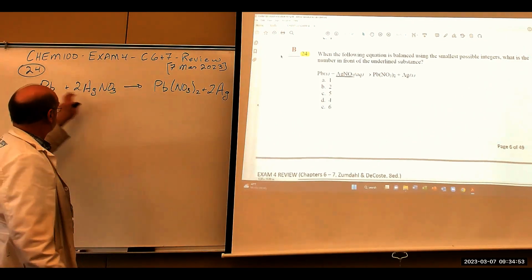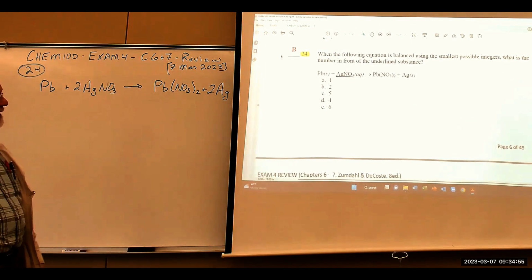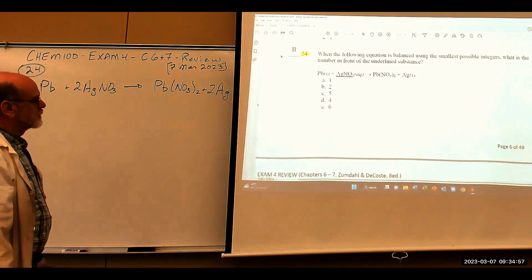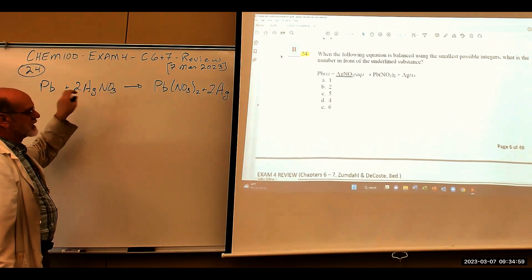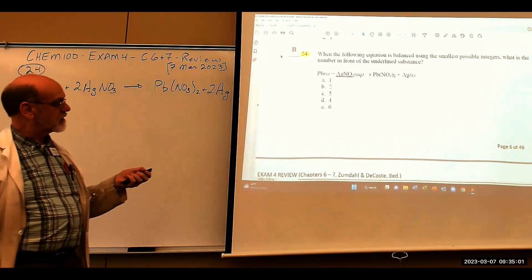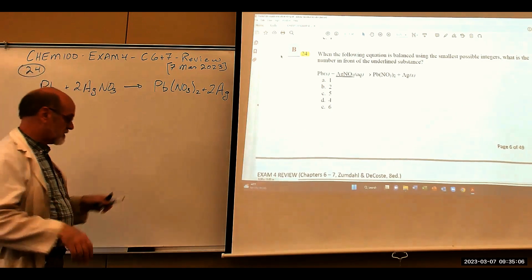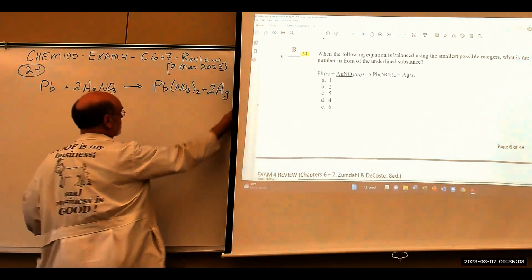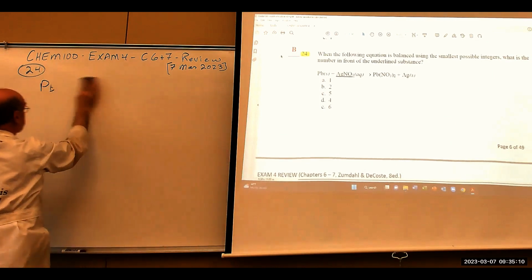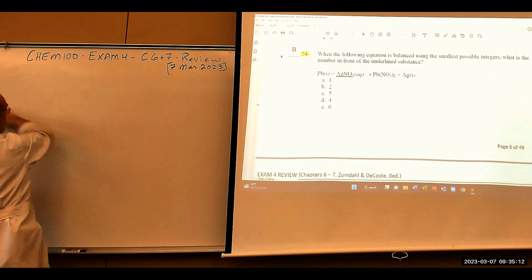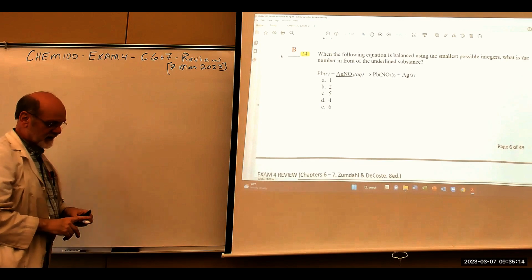And we've already got 1 lead, so that's balanced. So what's the coefficient in front of silver nitrate? It is 2. Right here. See, some of them are easy, really easy. And you can save time if you don't need to set up the budget.